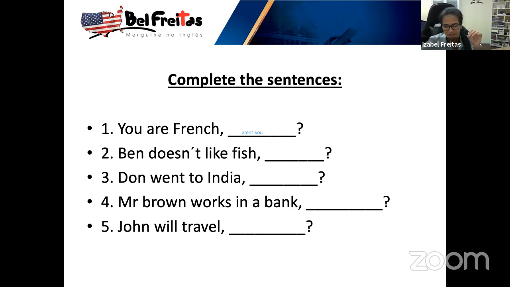John will travel. What is the negative for will? Will is affirmative future. Negative future. Who tries for negative future? Right. Won't he? Won't he?